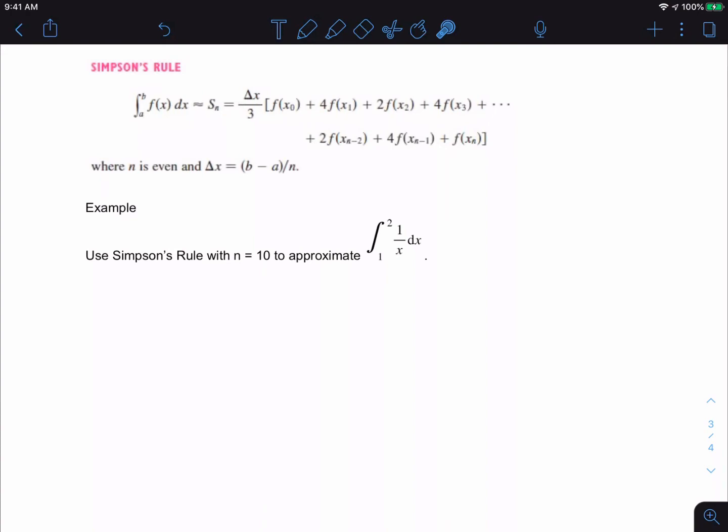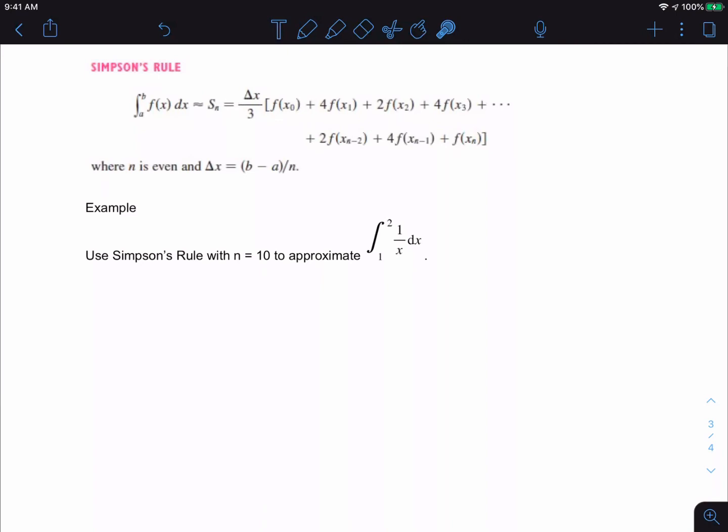But there's a pattern that he observed that made these coefficients hold true. It would go 1, 4, 2, 4, 2, 4, 2, 4, and then back to 1.